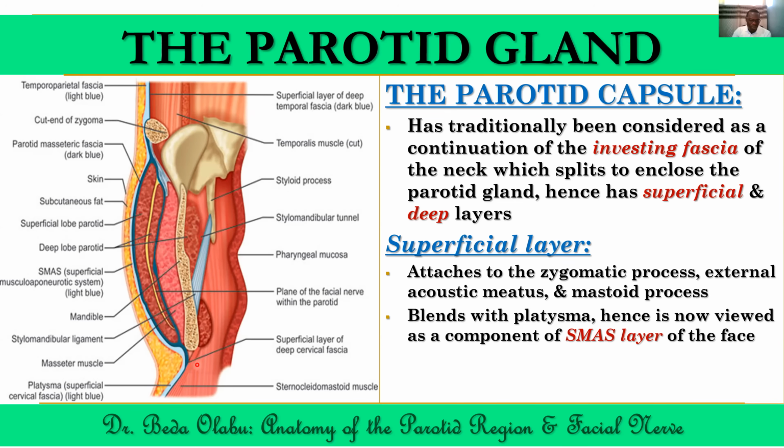Now, deep to that, we can see that there is still the investing fascia there with a layer still in front, which is now part of the parotid masseteric fascia, and that is definitely part of the deep fascia. And we also have now the deep layer of the parotid fascia there.